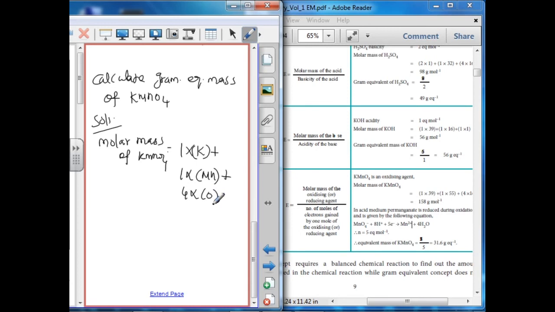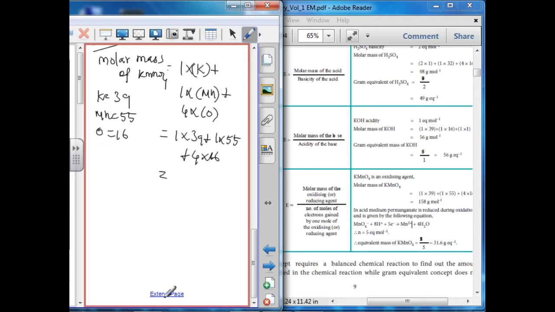Potassium is 39, manganese 55, oxygen 16. So 1 into 39 plus 1 into 55 plus 4 into 16. So 39 plus 55 plus 64, so 158 gram mole inverse.